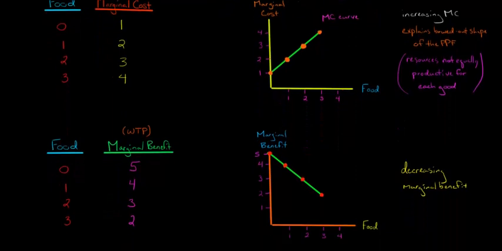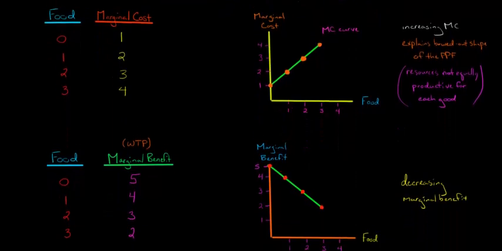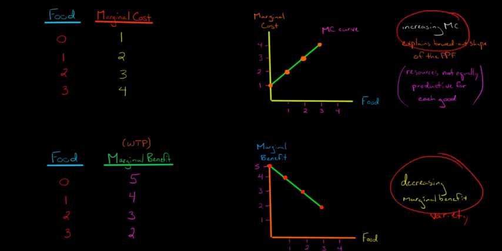We also have a decreasing marginal benefit curve. Why? People like variety. As they get more and more of one good, they start to value the other good more. When you get tons of food, you don't get as much benefit as when you had no food and were given the first piece. That's when you get the most benefit. So we have decreasing marginal benefit and increasing marginal cost.